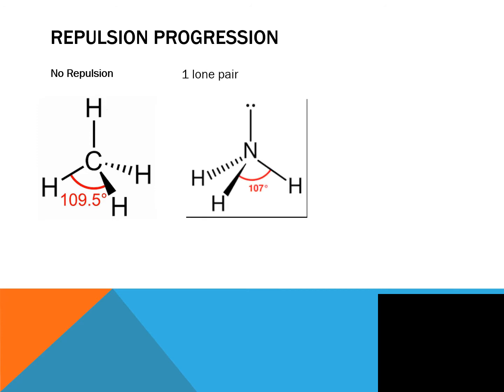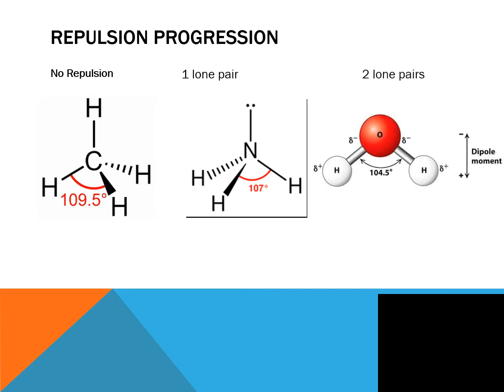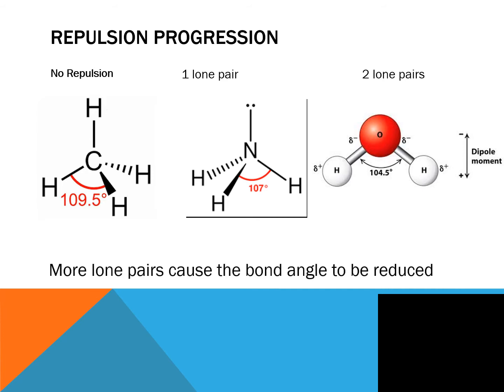Add one lone pair like ammonia, the bond angle shrinks to 107. And then if you have two lone pairs in water, so oxygen has two lone pairs, it shrinks even more to 104.5 degrees. These are estimates and they're not exactly perfect, but it's an average of 104.5. So more lone pairs cause the bond angle to be reduced.